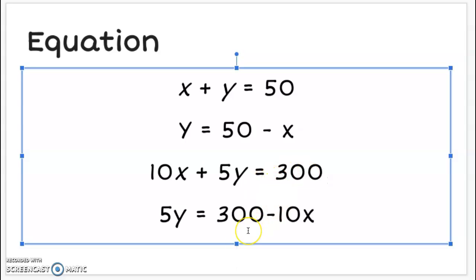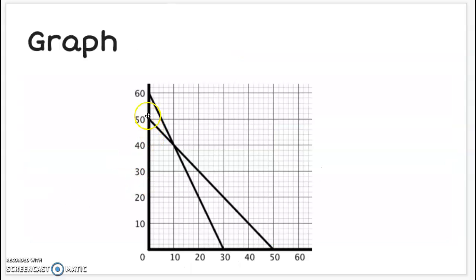Then I'm going to divide everything by 5, so then I can have y alone. So 300 divided by 5 would be y equals 60 minus 10x. So perfect. And how I had that rate of change, I didn't explain that for the last one, that slope, was because this is minus 1, and this is also minus 1 right here, that rate of change.